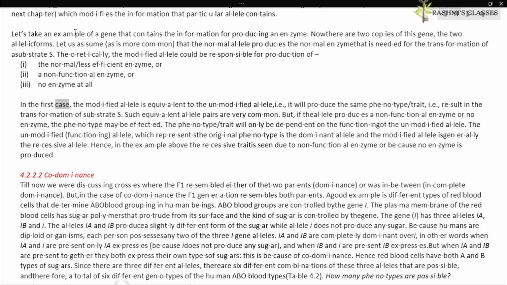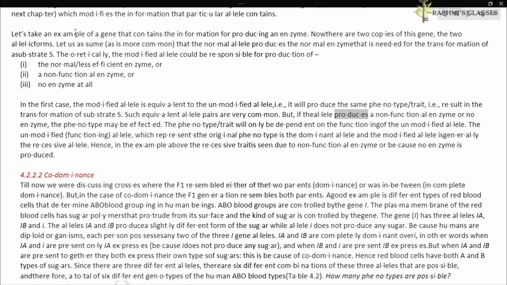In the first case, the modified allele is equivalent to the unmodified allele, i.e., it will produce the same phenotype/trait, i.e., result in the transformation of substrate S. Such equivalent allele pairs are very common.